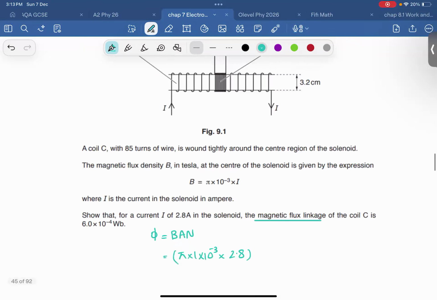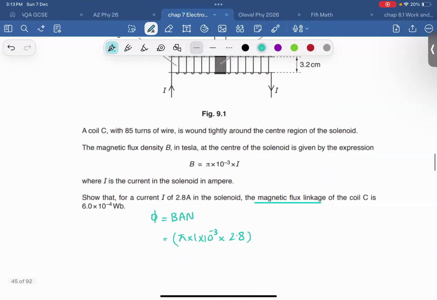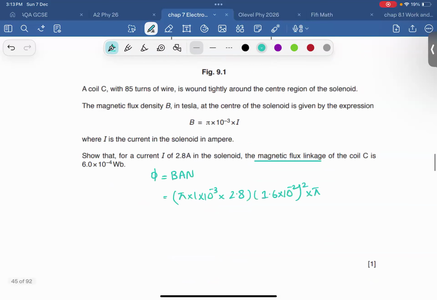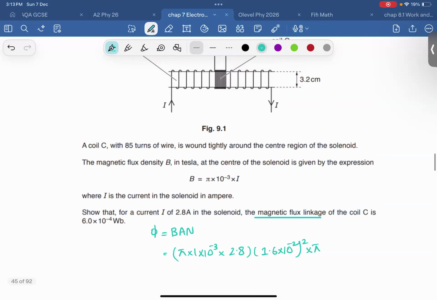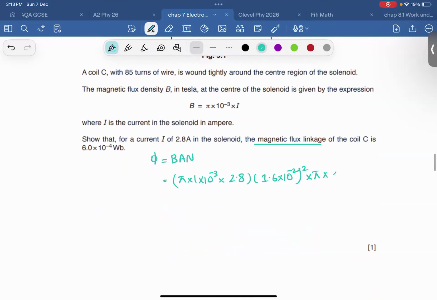And then you have the diameter 3.2, so the radius becomes 1.6. So 1.6 into 10 to the power negative 2, squared, into pi, pi r squared, right? And N, the number of turns, is 85. So multiply them all, please.